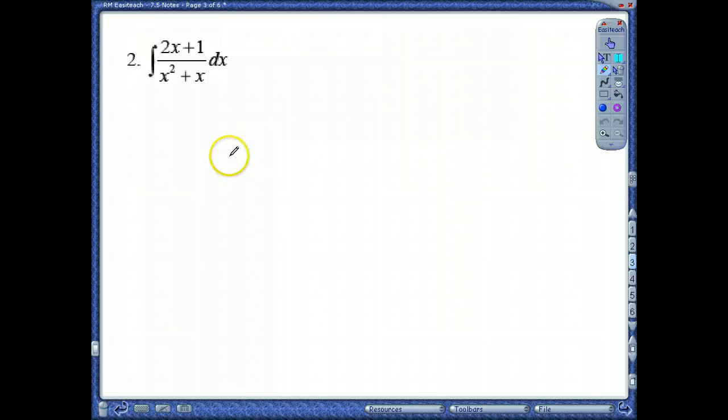The first thing we're going to do is factor the denominator. So I factor the denominator, and then I'm going to get everything set up and ready to go. So this is x times x plus 1.